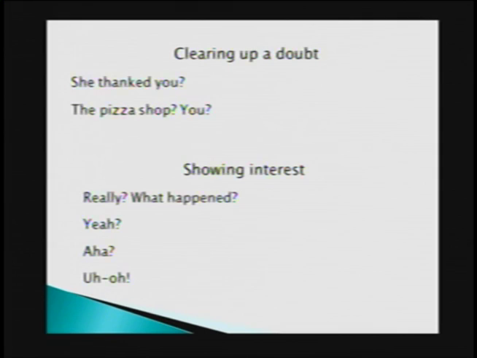Now, there are other sentences to express interest. Really? What happened? Yeah. All right, he wants the conversation to go on. Uh-huh. Uh-oh. Right?